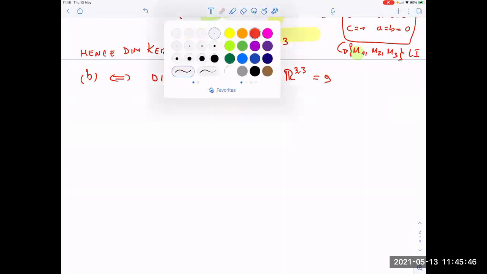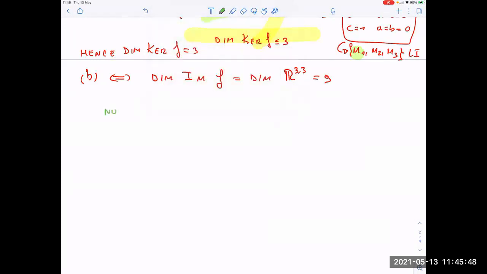So let's make a note. The note is that F of A is equal to A plus A transpose, and this is a symmetric 3 by 3 matrix. So the image of F is the set of A in R^{3x3} such that A is equal to A transpose.